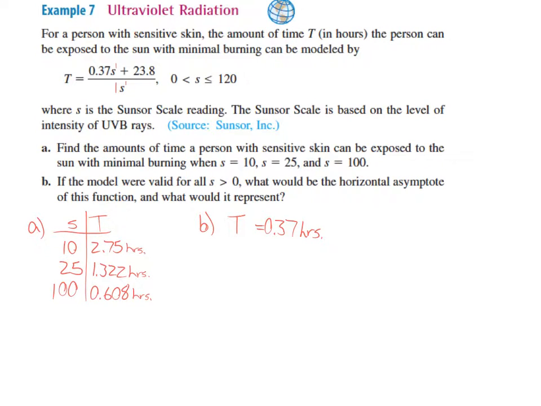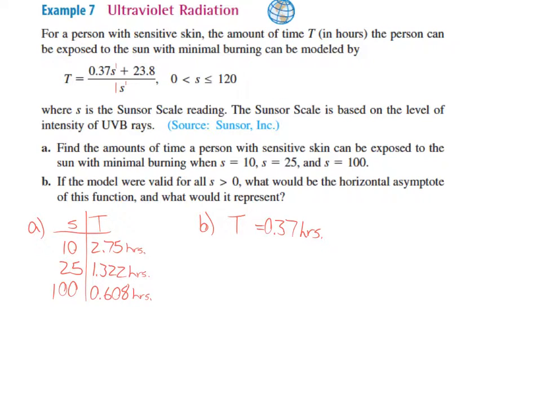So she's saying that our time is approaching 0.37. Is it approaching it from the top or the bottom? From the top. So our times are getting smaller the greater the intensity of the sun on that day, right?